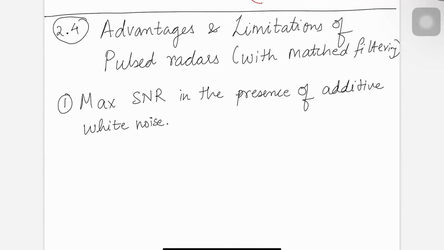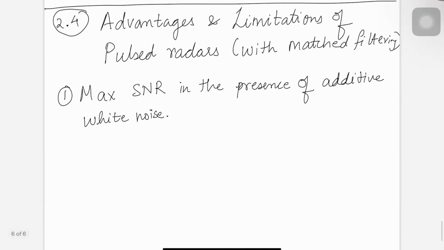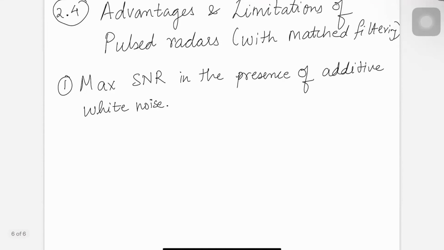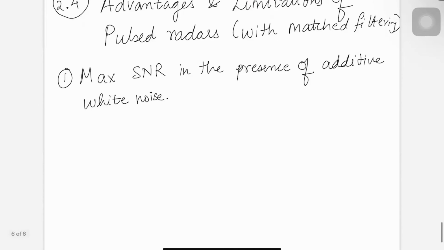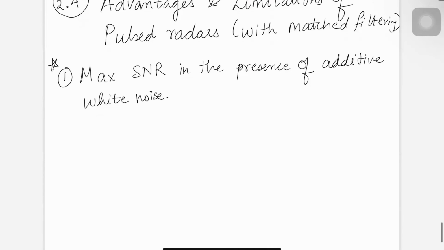It's just something to note: the match filter is intuitively a filtering operation, so you can improve the signal to noise ratio compared to not match filtering. If you just look at the pulses, they may be lost in noise, but once you apply the match filter, it can extract them out of the noise. So that's the main advantage of using this match filtering approach.